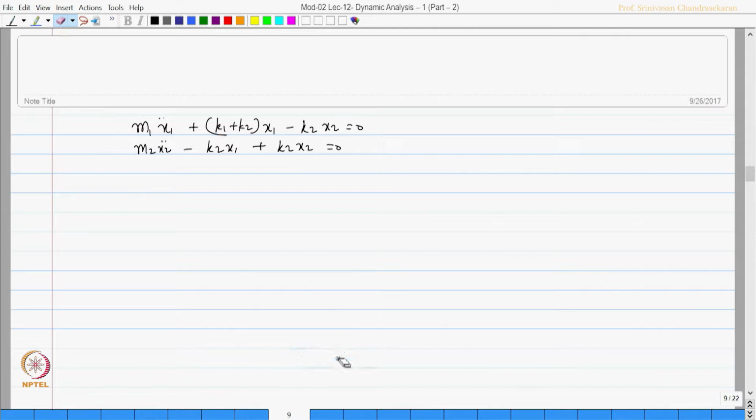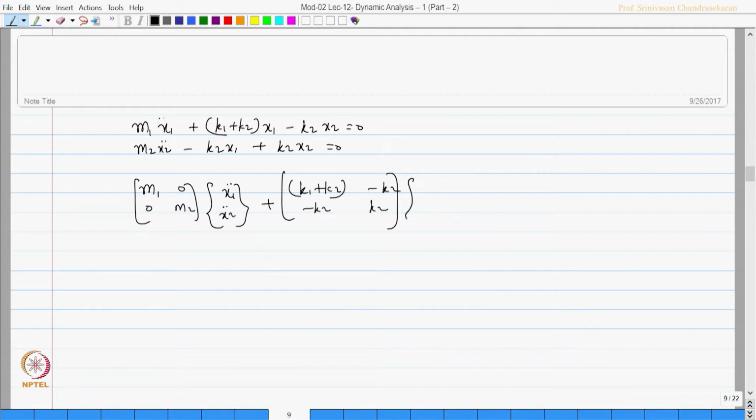I want to represent this in matrix form. So, I can say now, the matrix [m1 0; 0 m2] of [x1 double dot; x2 double dot] plus [k1 plus k2, minus k2; minus k2, k2]. This is the stiffness matrix, times [x1; x2], is 0.